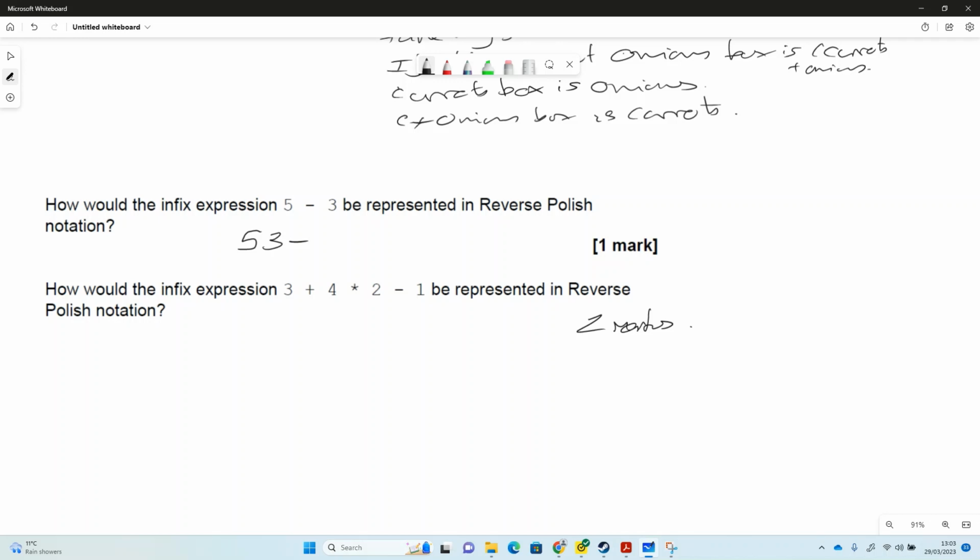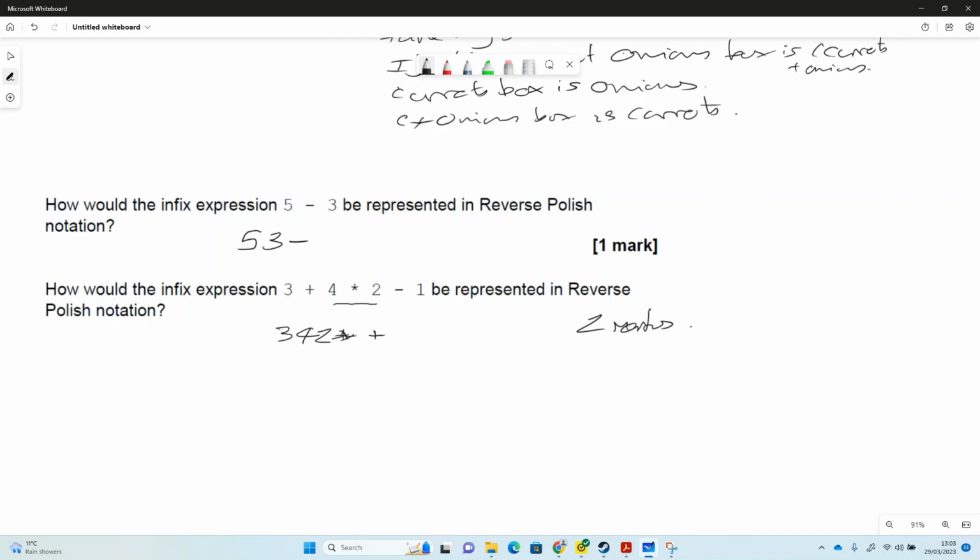This one is slightly more tricky to think about because obviously we want to do that first, because times comes before adding. So we obviously want to do 4 2 times, but our 3 is still there. We haven't lost it. So when we've done that, we want to add.